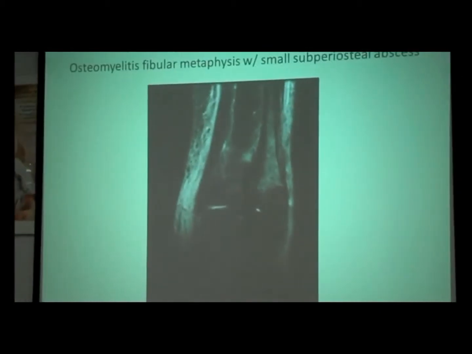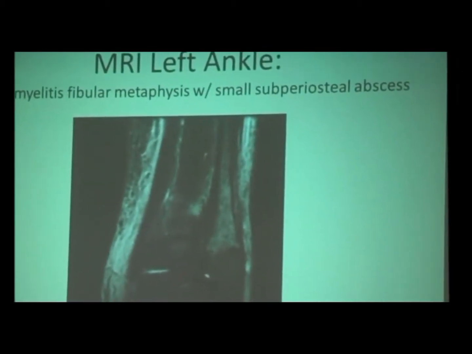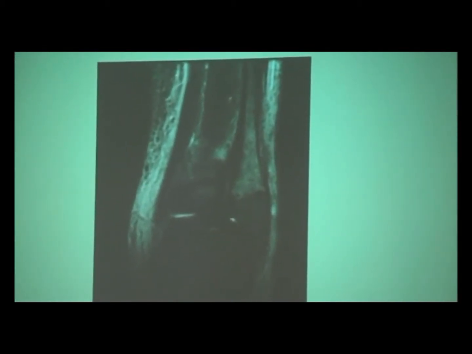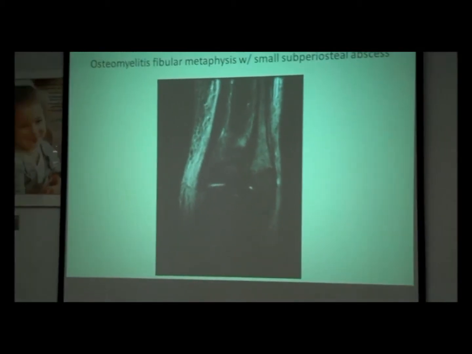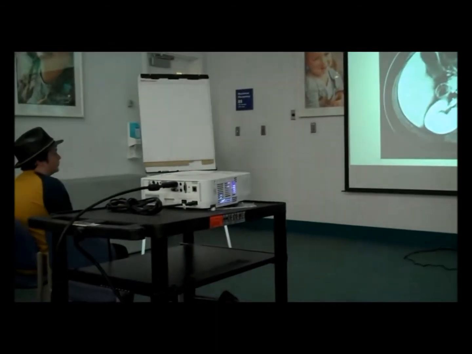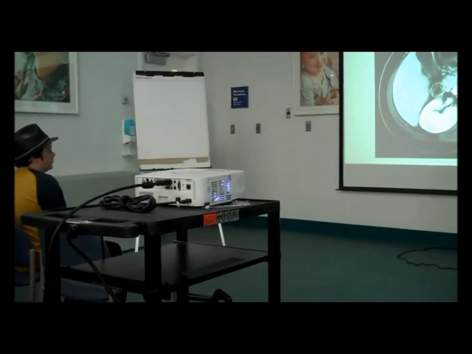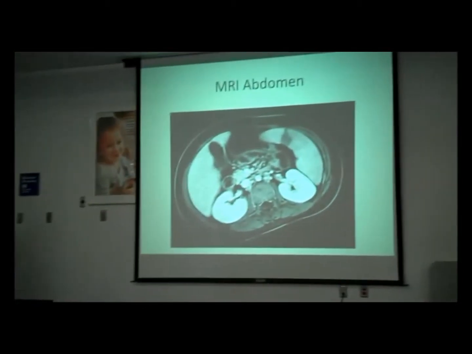Later, he did get an MRI of the left ankle, which did show osteomyelitis of the fibular metaphysis and a small subperiosteal abscess, which had to be I&D'd. And subsequent to this, although they didn't light up on the bone scan, there were multiple other bones involved. On MRI of the abdomen, you can see these splenic infarcts here, consistent with embolic disease. The liver is enlarged.